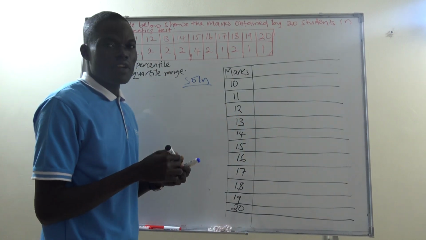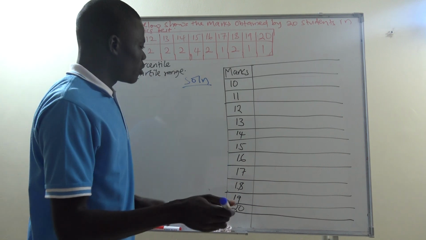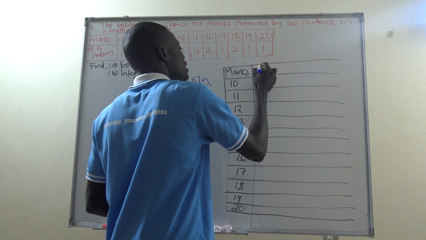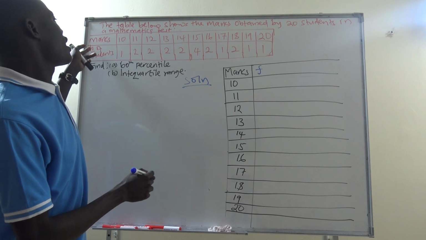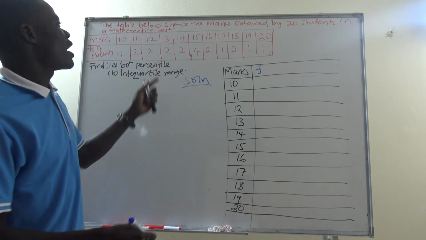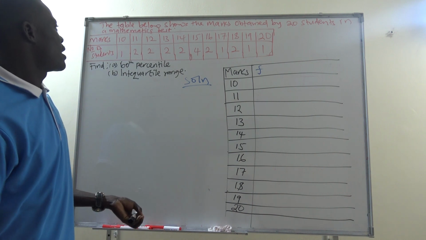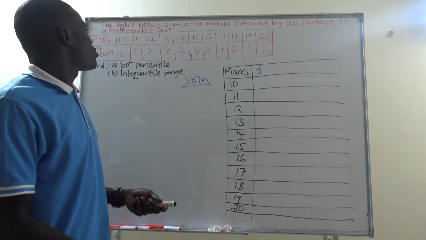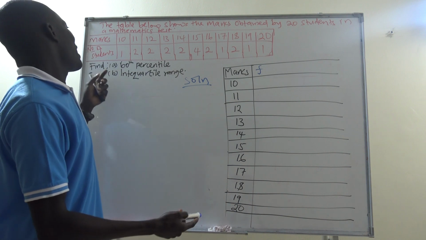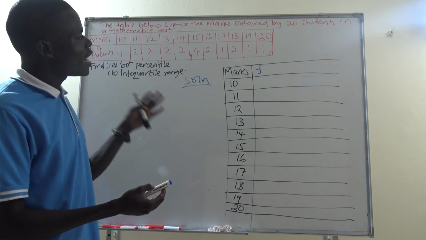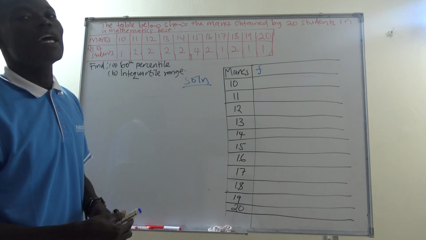Then we said that immediately after the first column of x or marks, whichever you choose to use, you take the column of frequency, f. In this case, our frequency stands for the number of students who took that test. The marks obtained by those students are what we call the variable, x, and the number of students with that particular mark is what we call the frequency.